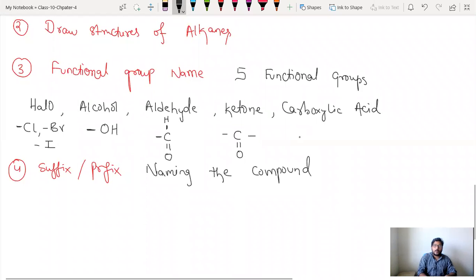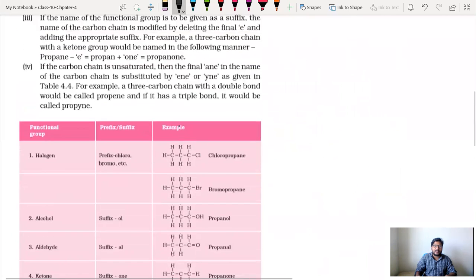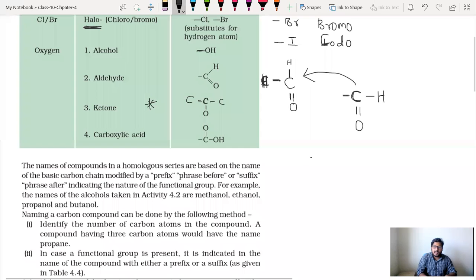And carboxylic acid: C, double bond oxygen, single bond OH, and here there will be another bond. Here it might be carbon or hydrogen, it's your wish. But double bond oxygen, single bond OH. Don't get confused between aldehyde and carboxylic acid.